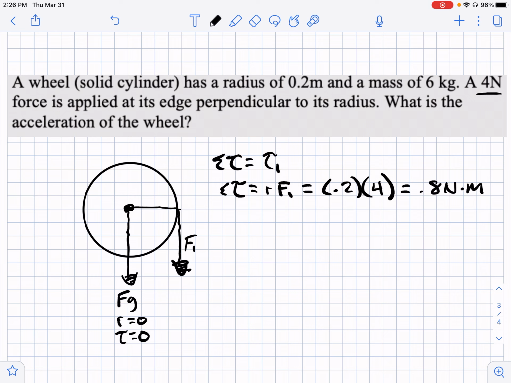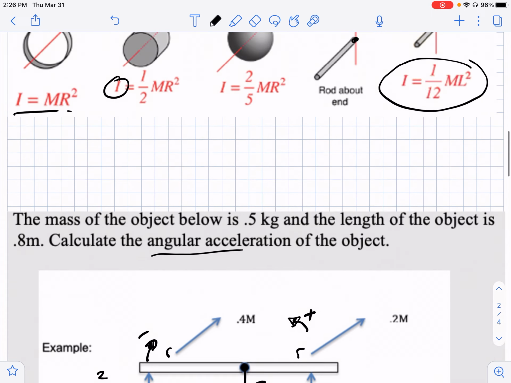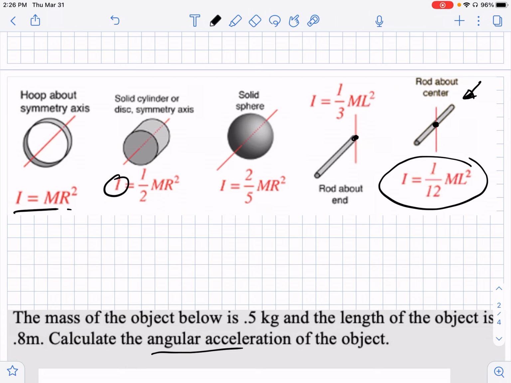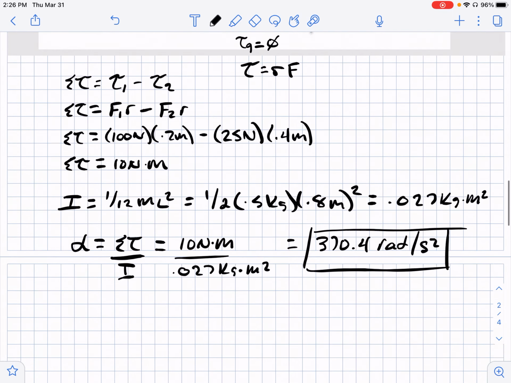Now we're looking for the angular acceleration, so we need to know what the rotational inertia is equal to. It said a solid cylinder. Let's go up to those common shapes that we have. We'll find our solid cylinder, and it's going to be this one here. I equals 1/2 mr squared.